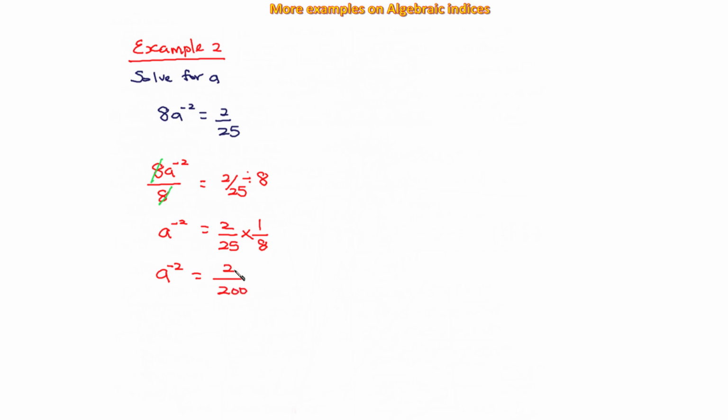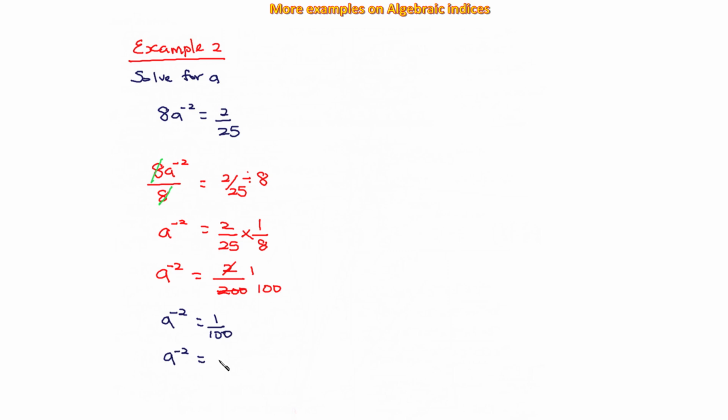You will see that there should be a common factor to reduce this to its lowest term. 2 in 200 is 100. Now we can conclude that a raised to power minus 2 will give us 1 over 100.